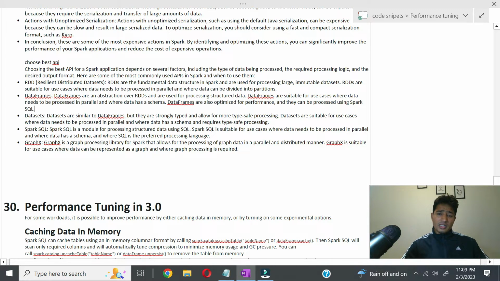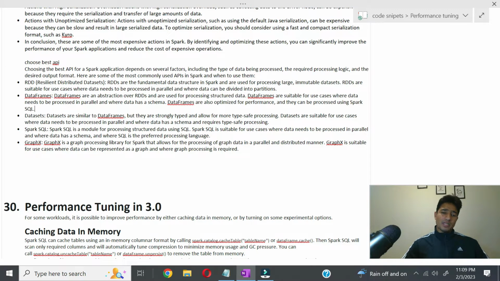Then there's Spark SQL. If you know SQL coding, you can go for Spark SQL. The cool part about Spark SQL is it has Tungsten, it has Catalyst. So when you write select star from table name where name is equal to Nilendra, it might do partition pruning, it might do cost based optimization and different stuff behind the scene.